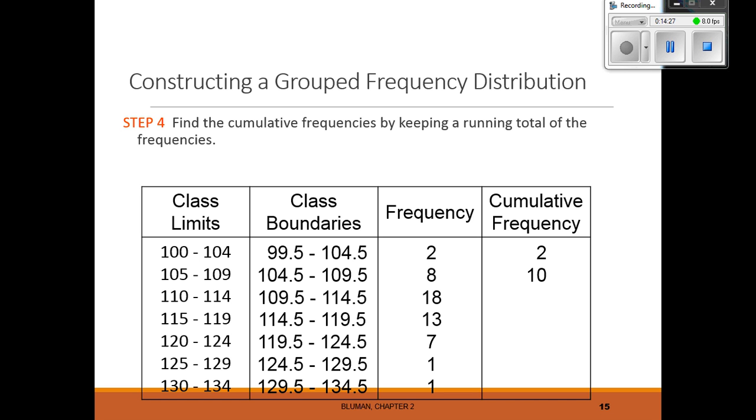So 8 plus 2, that's 10. How many have appeared in the 110 to 114 class? 18, plus the 10 that appeared before it. Your cumulative is 28. Another 13 is 41. Another 7 is 48. Then we get down to 125 to 129, another 1, and another 1.